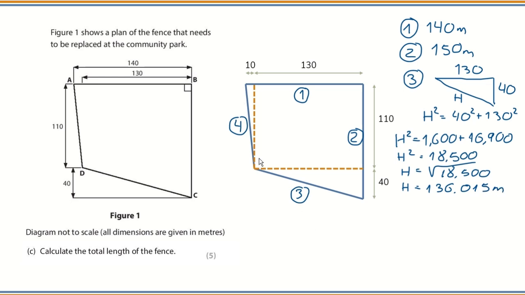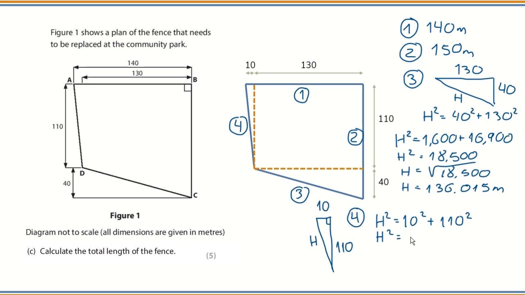To calculate the length of 4, we have to do it in a very similar way. This time we have this triangle where this is 10 and this is 110. This is the right angle. And this is the hypotenuse. Hypotenuse square equals one side square, 10 squared, plus the other side squared, 110 squared.